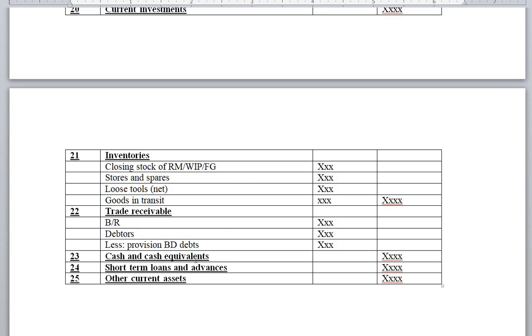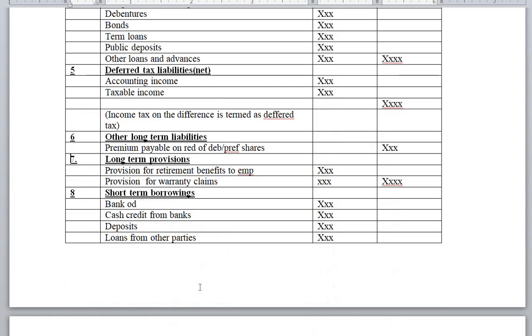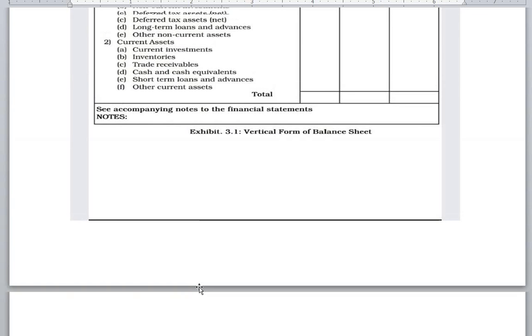And cash and cash equivalents like cash in hand, cash at bank, either you can post it directly, otherwise make an adjustment here in the working note and post it directly. Okay. Next is short-term loans and advances. And any type of assets which cannot be posted under any of these heads, it can be posted as other current asset.